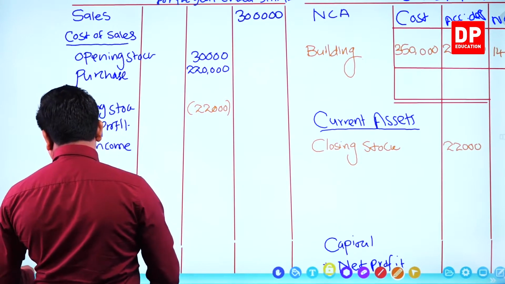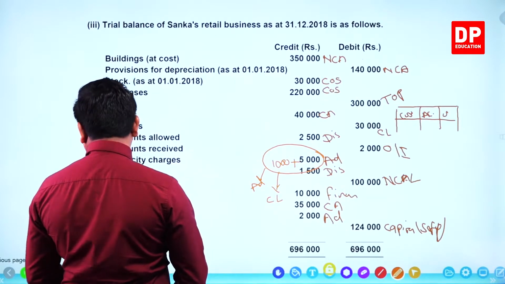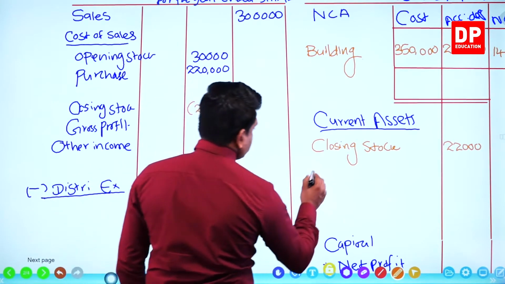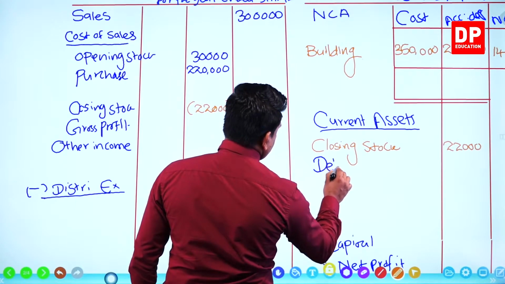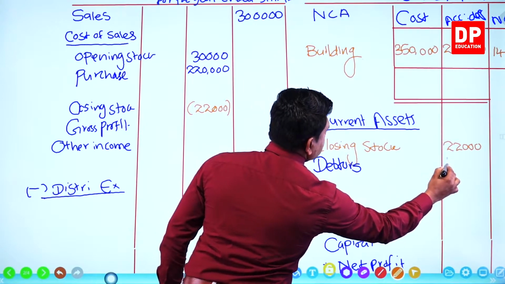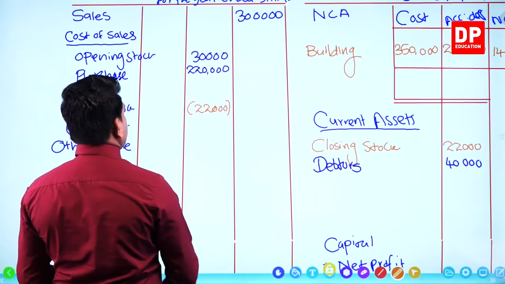See it again. I think debtors, yeah, debtors 40,000, right? Debtors 40,000. It comes under the current assets, debtors 40,000. Now you move to the next.